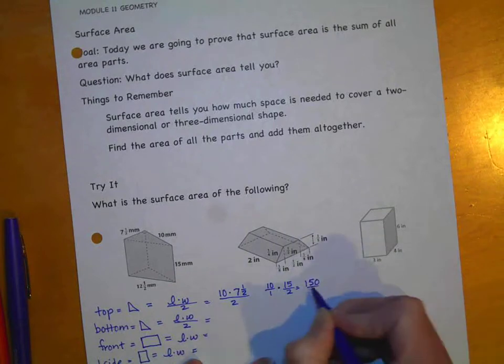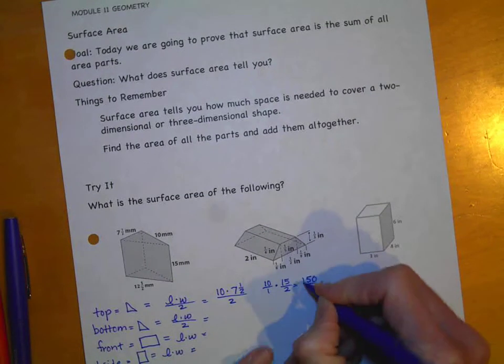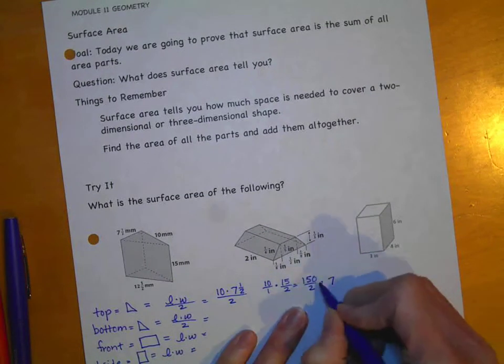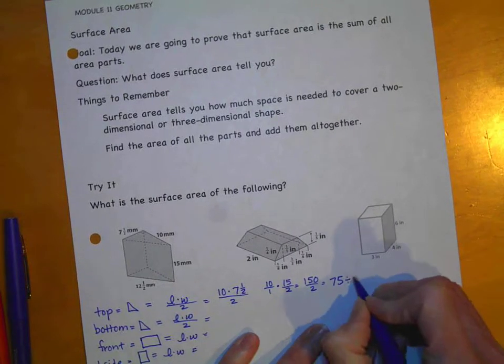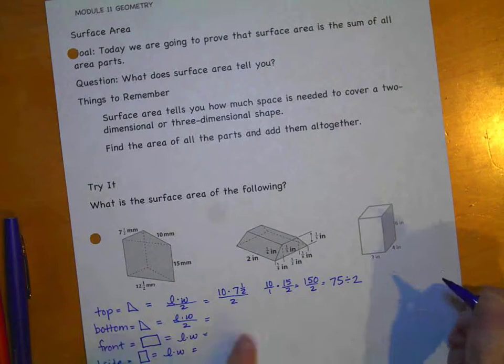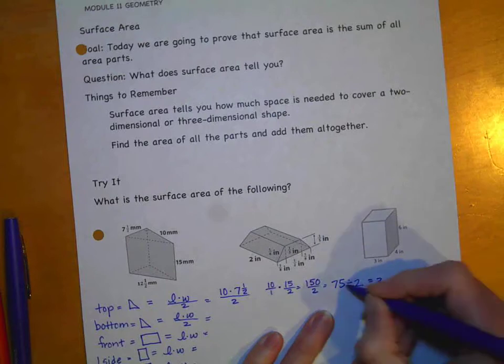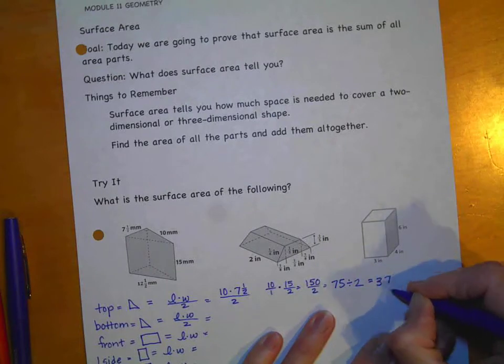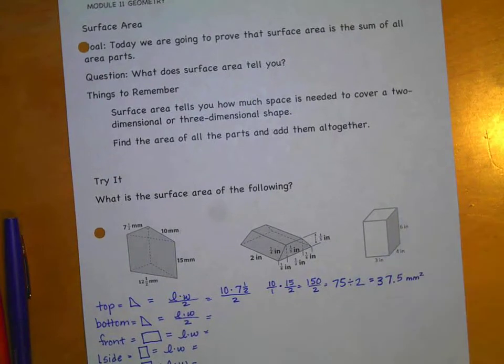Then I take 150 and divide it by 2, and I would get 75. Now I have to divide that by 2, because I'm just following what it says to do. 2 goes into 7 3 times with 1 left over, so that's 15. 2 goes into 15 7 times with 1 left over, so 37.5 millimeters squared.